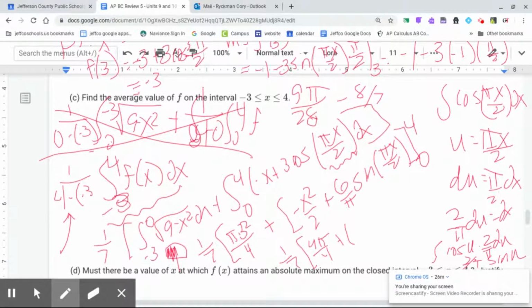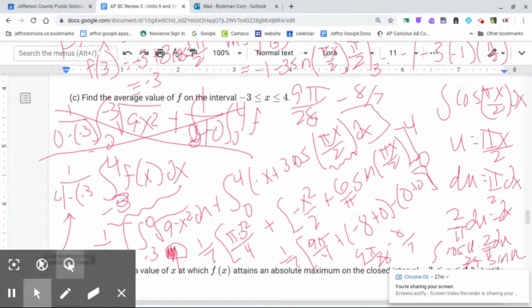When I put 4 into the antiderivative, I get negative 16/2, so that's negative 8, plus 6 pi sine of 2 pi, which is 0. When 0 goes in, I get 0, and sine of 0, which is 0. And so 1/7 of that is 9 pi over 28 minus 8/7. And that's where I got my answer.